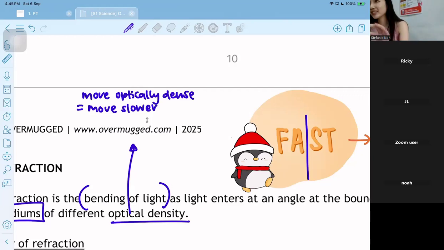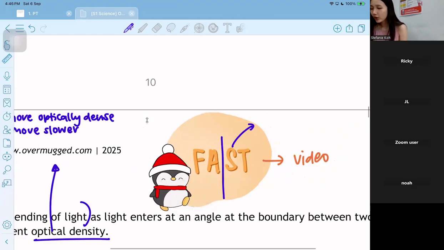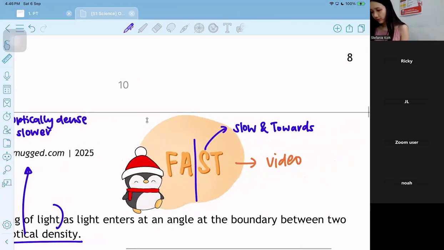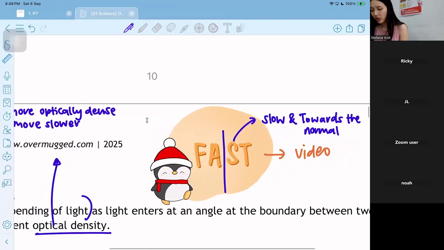Same for your light. If it's going into a crowded shopping mall that is more optically dense, your light will slow down, and it will bend towards the normal.